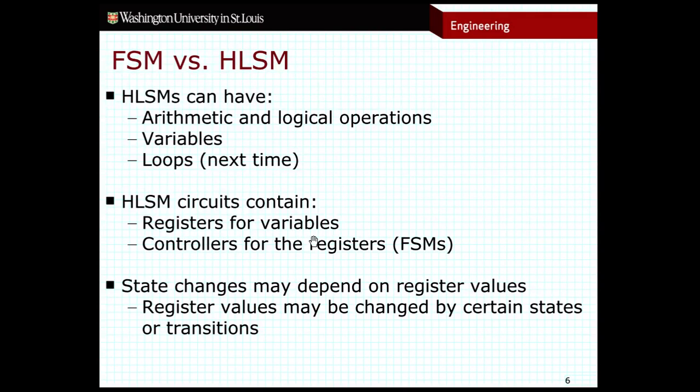So the state machine and the registers interact with one another to perform the behaviors defined in the high-level state machines. These state changes now can depend on register values. So we can use our variable to decide when to transition from one state to the next. And register values can be changed depending on certain transitions or certain states as well.